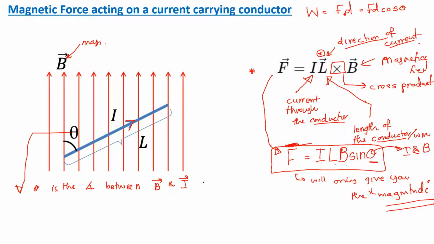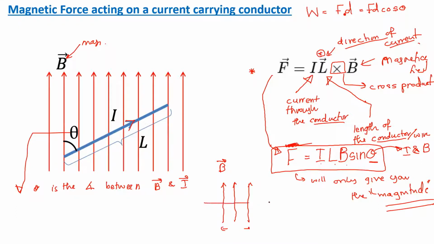So now I'm going to draw a diagram and you all are going to tell me what your L is. Let's assume that this is a B field. It is only in the area that I have drawn the lines, from here to here.